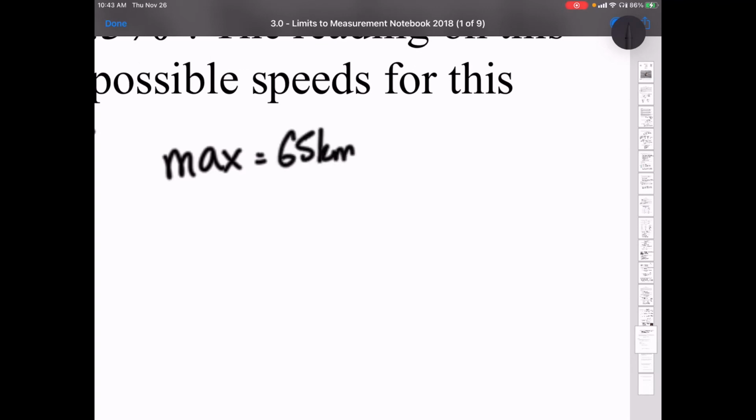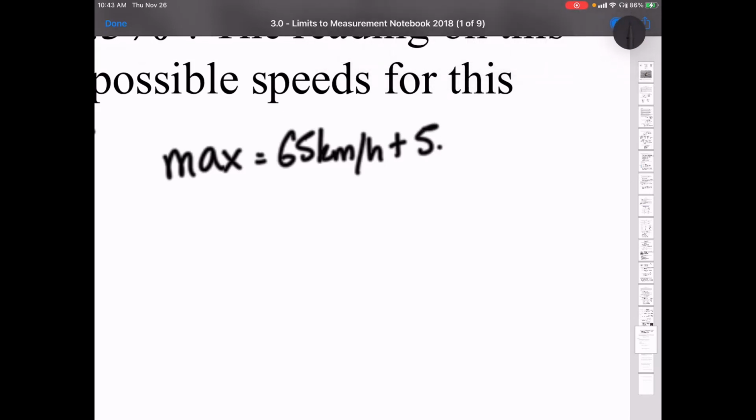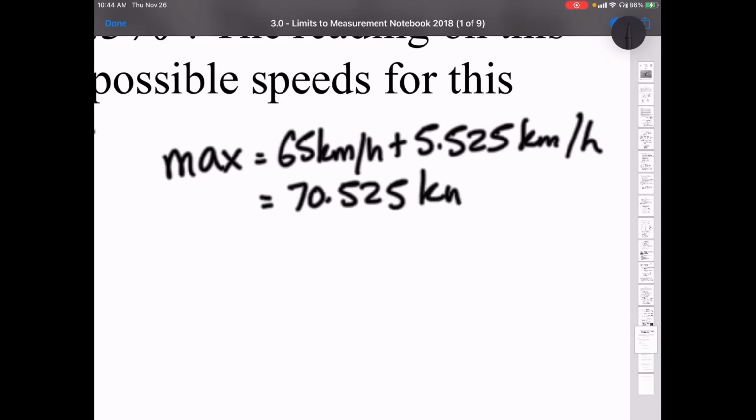.65 kilometers per hour plus 5.525 kilometers per hour, which is equal to 70.525 kilometers per hour.